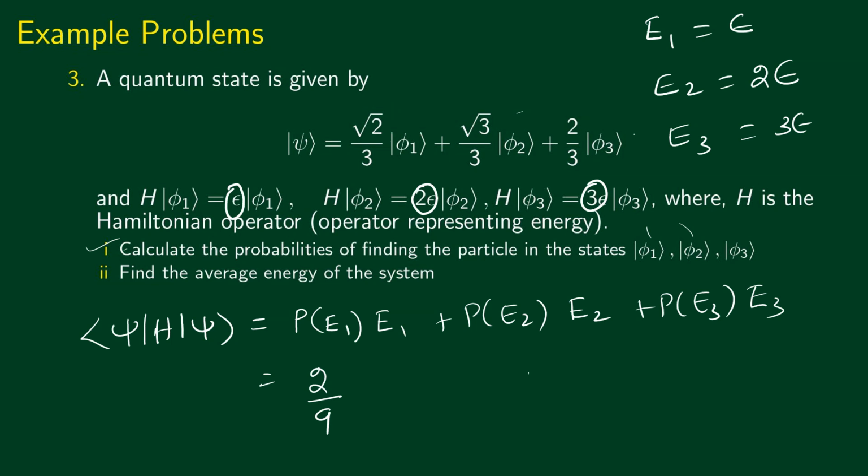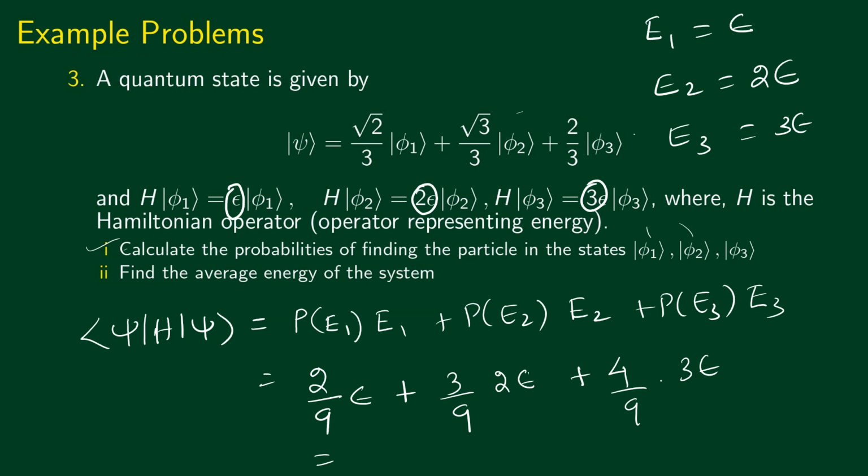So it's 2 by 9 multiplied by epsilon plus 3 by 9 multiplied by 2 epsilon plus, what's P of E3? It's 4 divided by 9 multiplied by 3 epsilon. I just add all this, so there's a 9 common in the denominator.